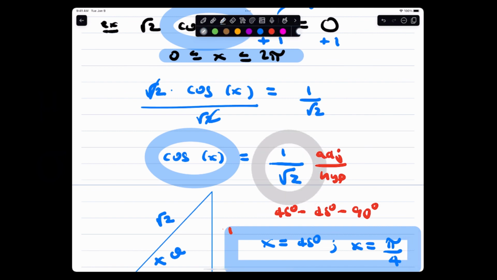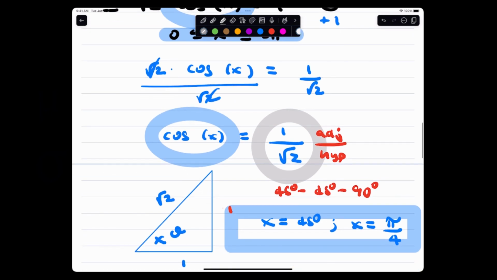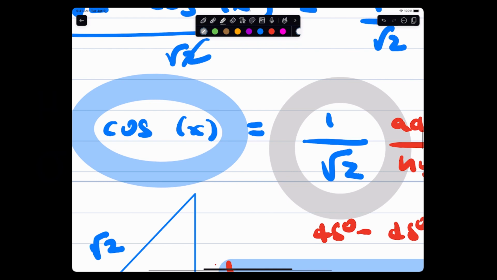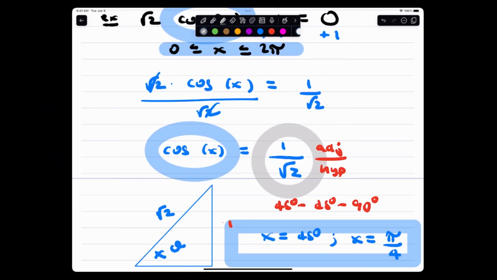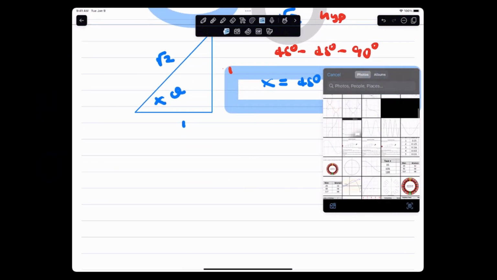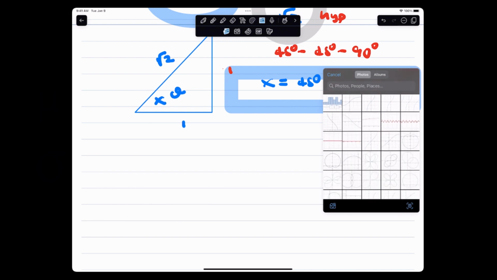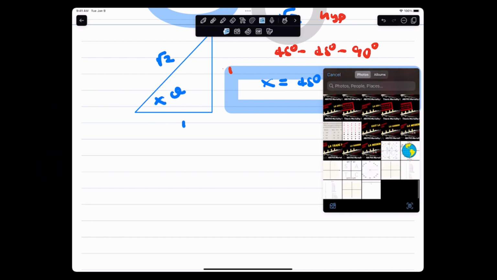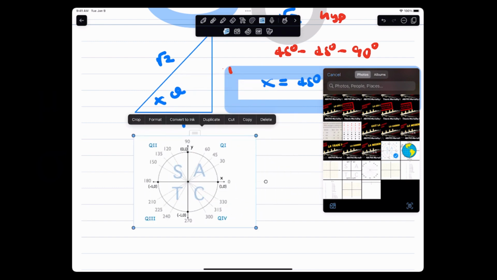See this? Where does that happen? That actually happens in 2 quadrants. So we're going to put everything together now. This is now meaningful. Let's put it all together.